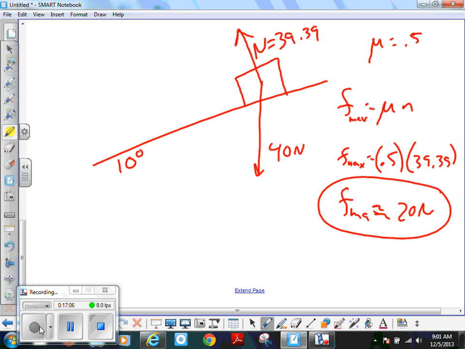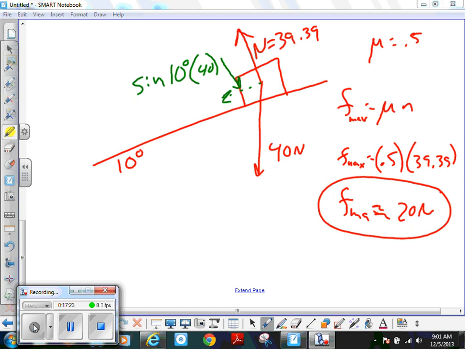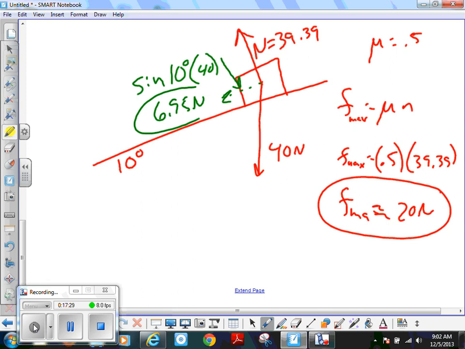Let's figure out what the part of gravity is that's pulling us down the ramp. Okay, so it's going to be the sine, in this case, of 10 times 40. And we get the force down the ramp as 6.95 newtons. Okay, so does friction max out this time?